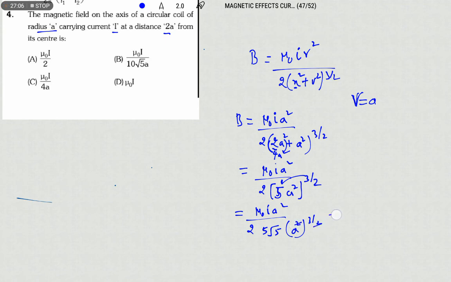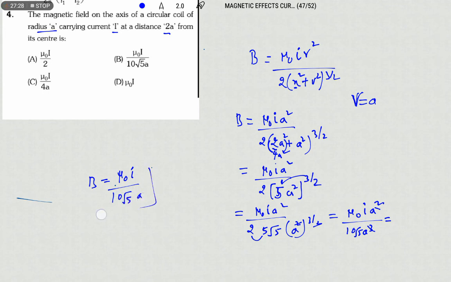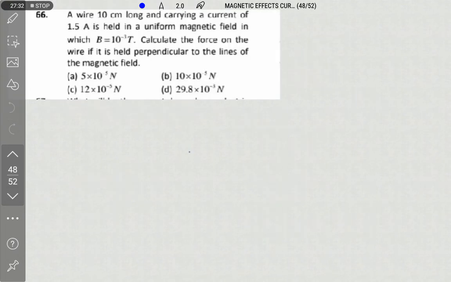So 2 gets cancelled. So mu naught I A square by 2 into 5 is 10, so 10 A cube root 5. So this gets cancelled. Therefore B is equal to mu naught I by 10 root 5 into A. So this is your answer. Let us see the next one.